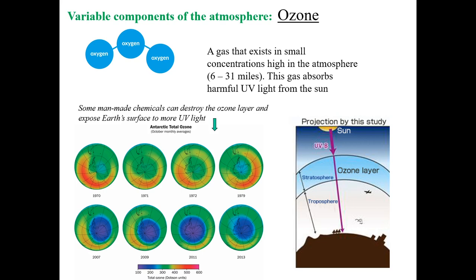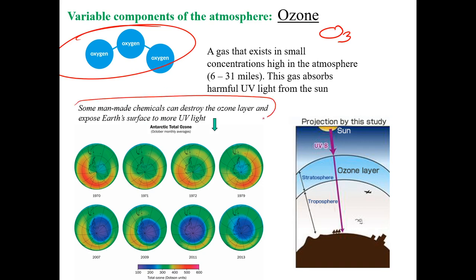So another variable component of the atmosphere that's very important is ozone, which is O3. So ozone is literally just 3 oxygens connected together. Ozone's an extremely important component of our atmosphere. As you know, the creation of ozone high in the stratosphere of our Earth is responsible for absorbing a great amount of UV light.